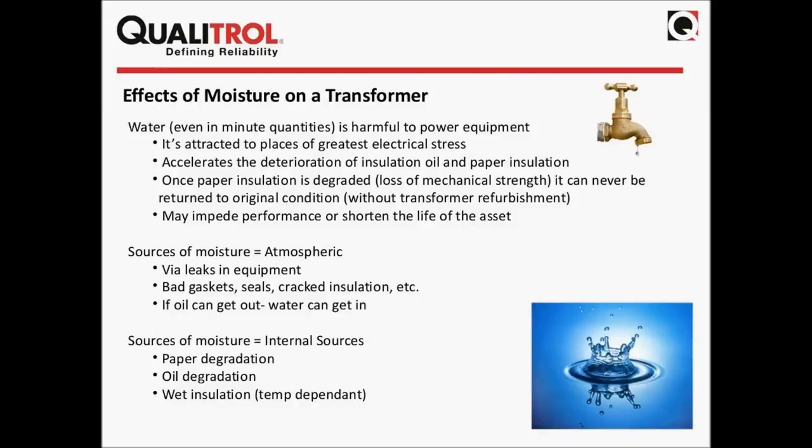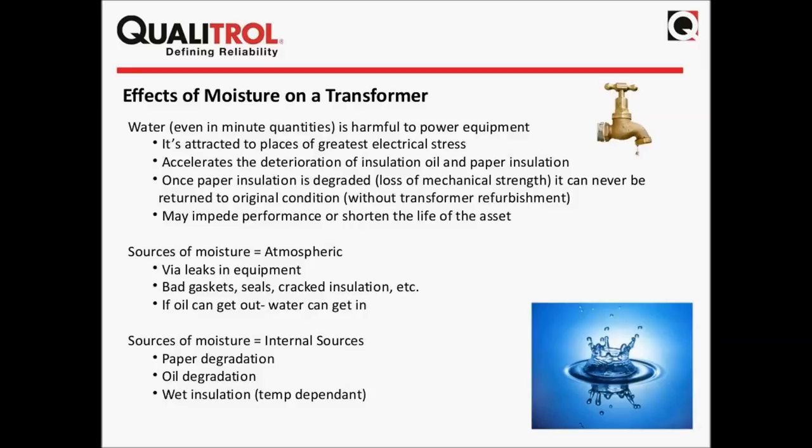So over time, as water builds up in the transformer, it can quickly accelerate that loss of life and degrade the insulation properties of the oil, reducing the kV factor, as well as the paper insulation. Once that insulation is degraded, it loses mechanical strength, and you can't return that to the original condition unless you refurbish that transformer. So you don't want that to happen. Water inside of a transformer obviously impedes the performance as well as shortens the lifetime of that asset.